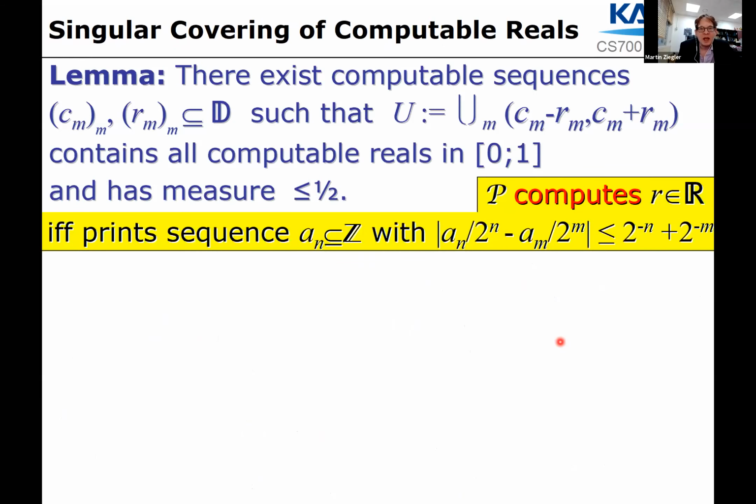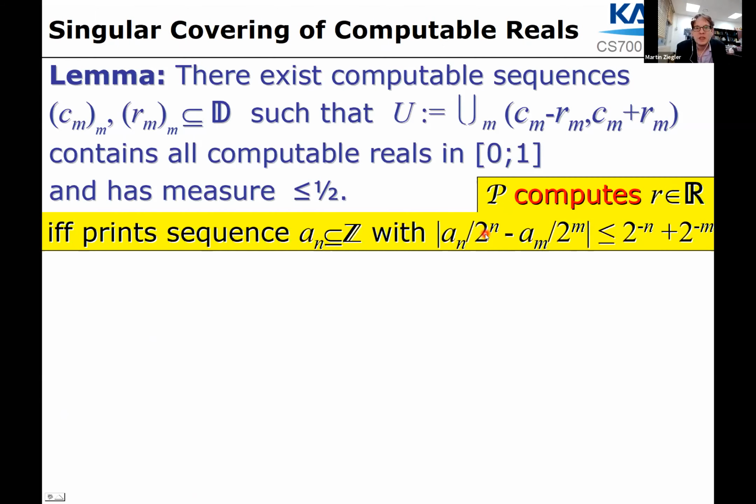So here's, for your convenience, a reminder of what it means to compute a real number, namely to output integer numerators of dyadic approximations. And here we've used the Cauchy property, right?